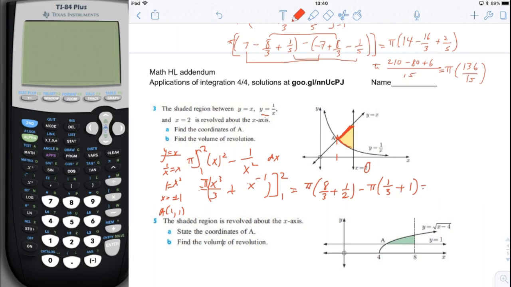And let's see. Put pi on the outside. 8 thirds minus 1/3 is 7 thirds. 1/2 minus 1 is negative 1/2. So 7 thirds minus 1/2, that's the same thing as 14/6 minus 3/6, that's equal to 11/6 pi.